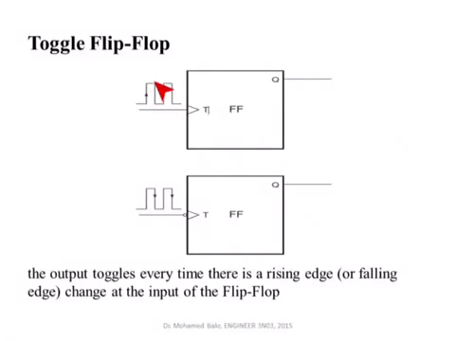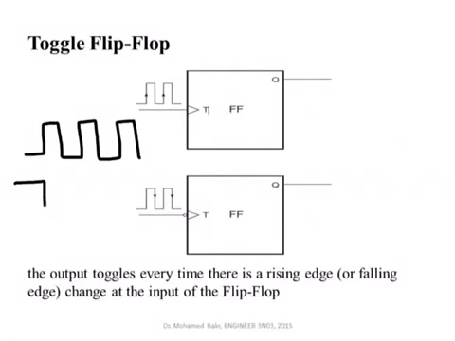Because if you have a certain frequency here at the input, and you get toggling at every rising edge, then the output will look something like this. Maybe here it was 1, and then with this rising edge it will go to 0. And then with this rising edge again it will go to 1, and so on.